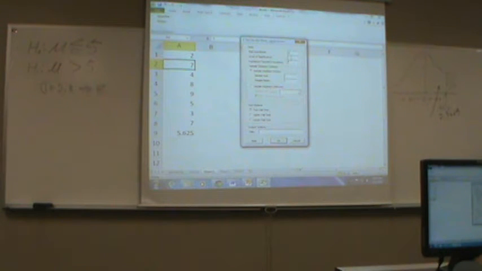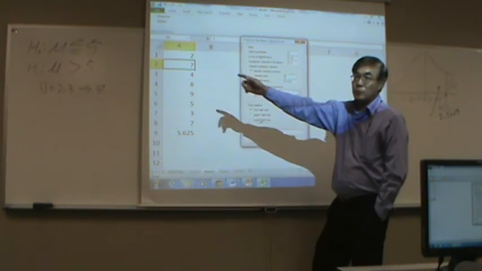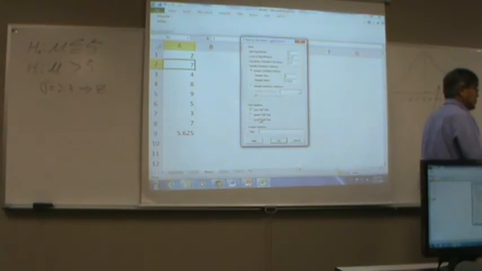And level of significance 5%, 0.05. Population standard deviation is given, 2.3, right? And sample size is 8. Sample mean we got, right? 5.625. Then it's right tail, upper tail. Click upper tail, then okay.